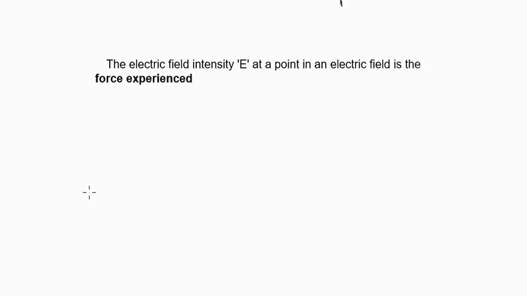So the electric field intensity E at a point in an electric field is the force experienced by a unit positive charge placed at that point.